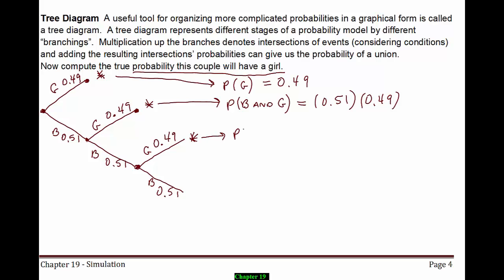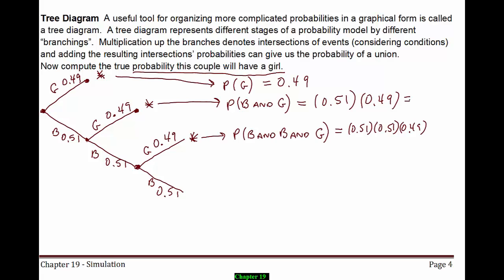And the third path that leads to having a girl is having a boy on the first and a boy on the second and a girl on the third birth. And again, to get this intersection, we multiply up the path that leads to this asterisk, that leads to this event. So that's 0.51 times 0.51 times 0.49.